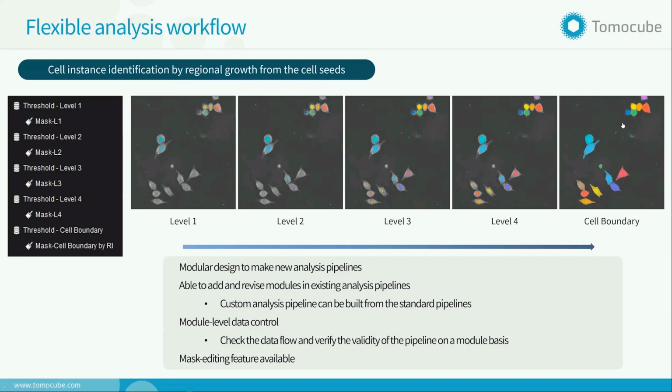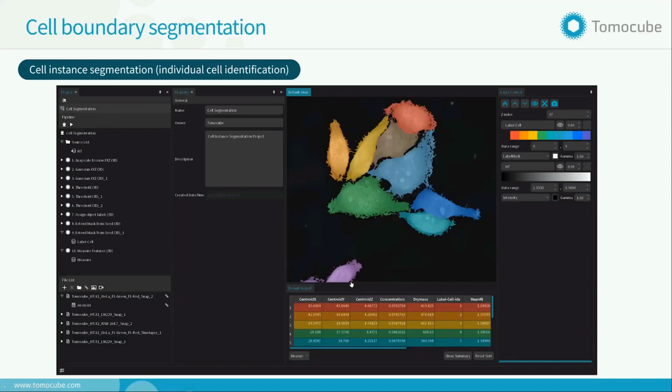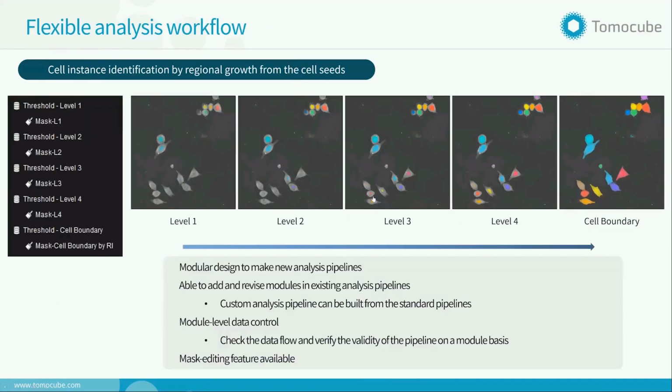So different coloring means different indexing of cell segmentation, and now you can perform the quantitative imaging analysis for the individual cell. So you can calculate the concentration and dry mass and volume for each cell of your measurement.